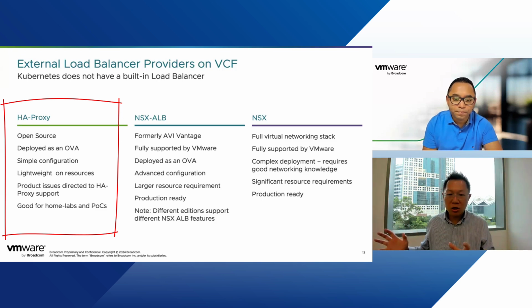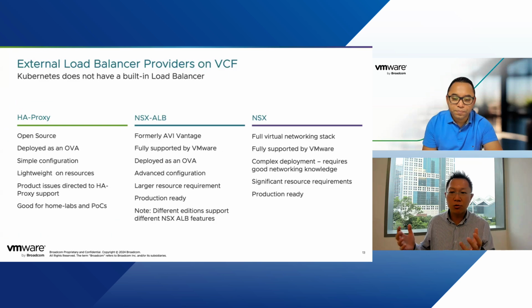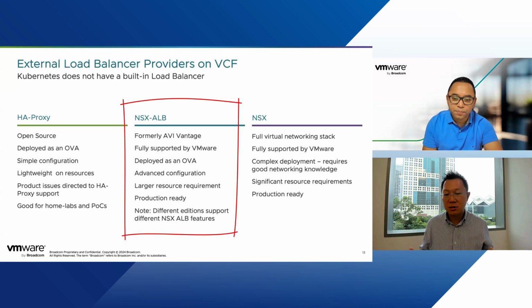If you're talking about a production setup with the VCF platform, then you have two options. One is using the NSX Advanced Load Balancer, commonly known as AVI. You deploy a controller cluster, and with the latest release of vSphere 8.0 U2, you can integrate it with NSX Advanced Load Balancer or VCF networking, right?